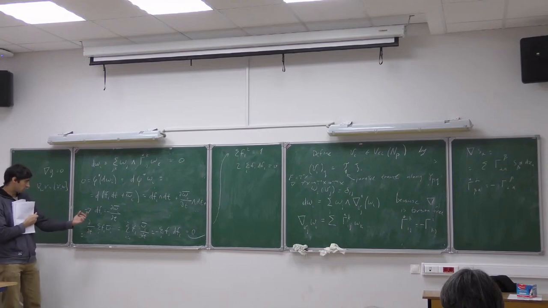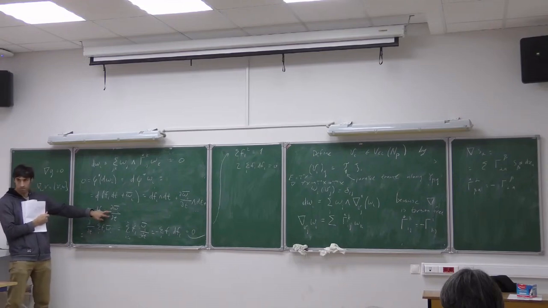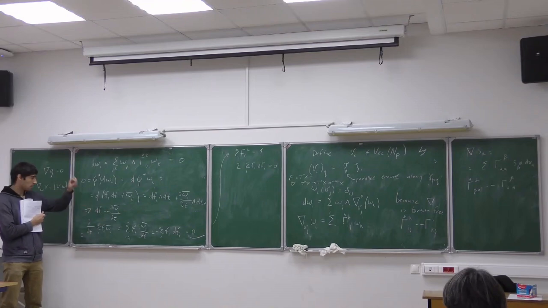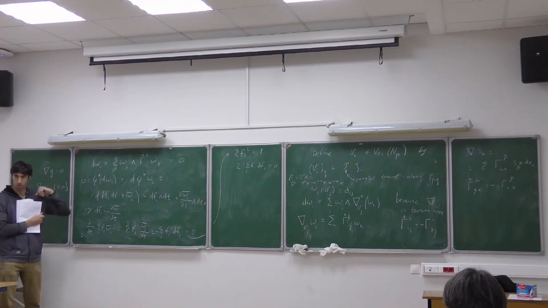Maybe it seems confusing, but this is a form on S, right? With coefficients that depend on t. So I just take and compute the derivative of each coefficient, right? And these will be new coefficients of a form on S still. So this is also a form on S. So this is an equality of two forms on S, right?